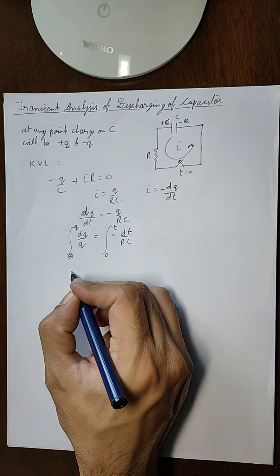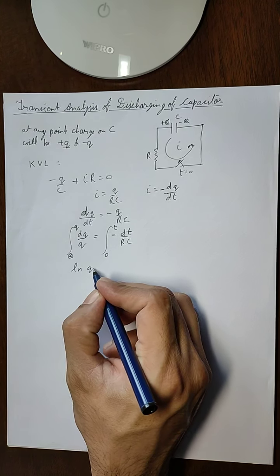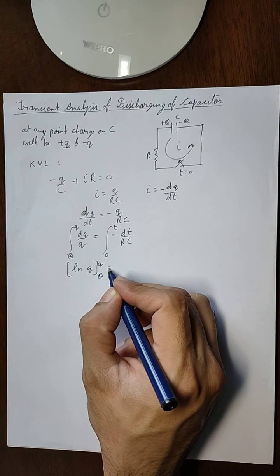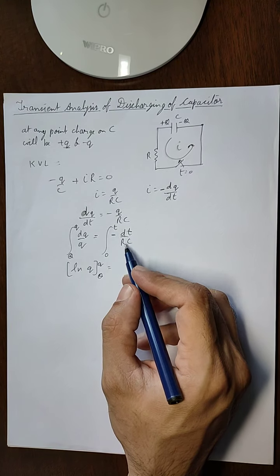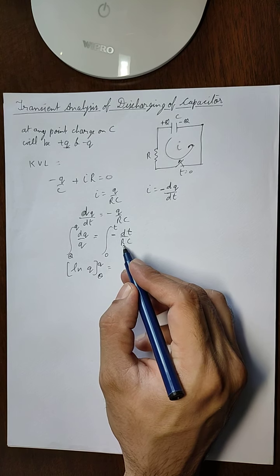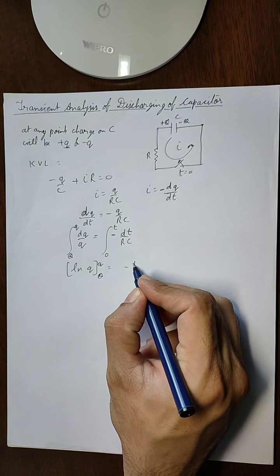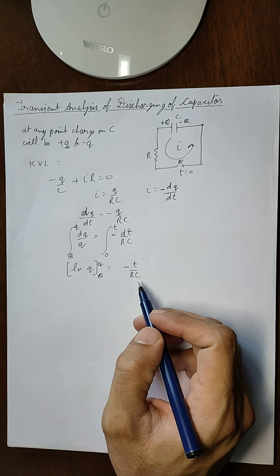Now if we calculate this, it will be equal to log q with the limits, and 1 upon RC will be a constant, so it will be outside, and we'll get t by RC. After applying the limits, we'll get minus t by RC.